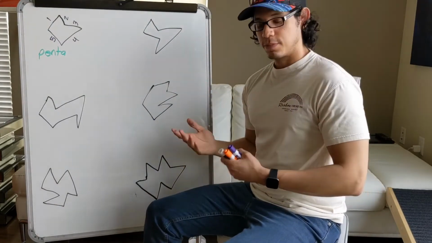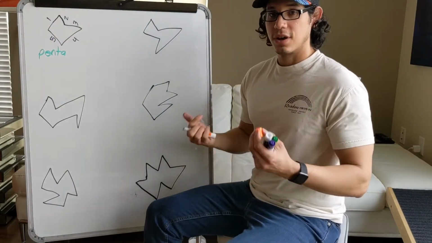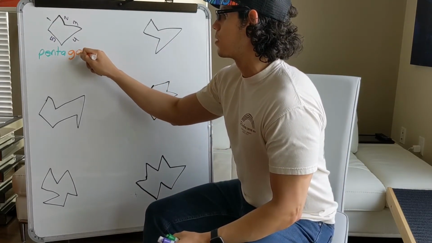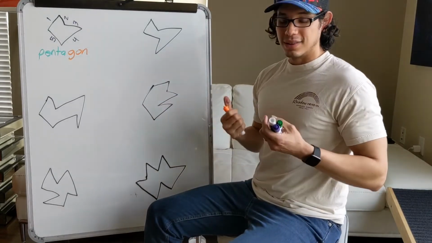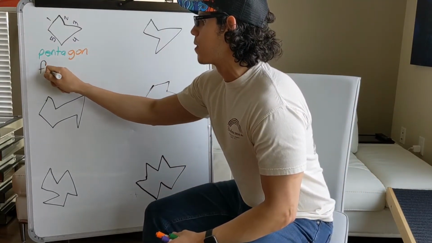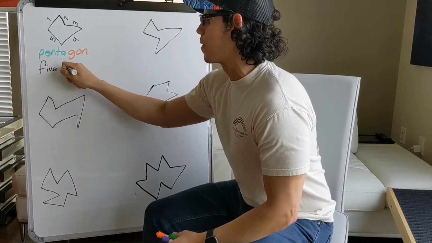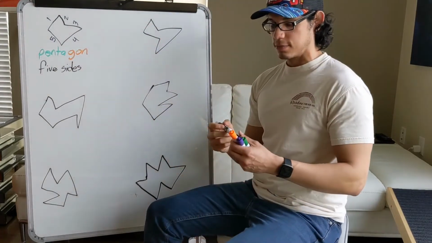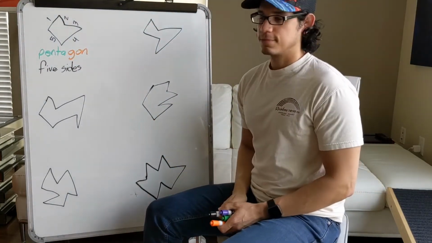And then the last part of this word is going to be gon, because gon means sides. Pentagon literally means 5 sides. So the name of this shape is a pentagon. A pentagon has 5 sides.